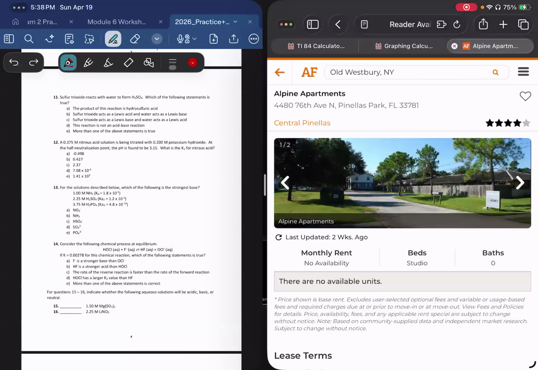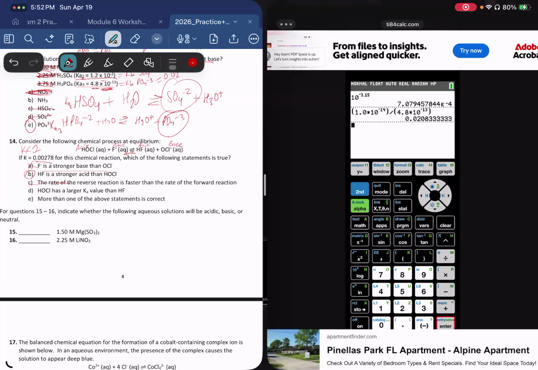B would make the most sense because HF is acting stronger than HOCl in terms of acidity. That's why the arrow's like that. C doesn't make sense because at equilibrium, the rates are equal. D implies that HOCl is a stronger acid, so that's wrong because it's not stronger. So that's why B would be the right answer.